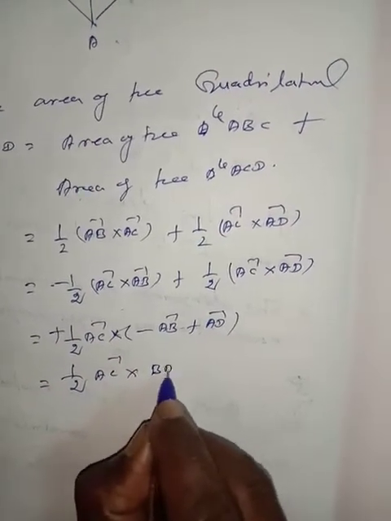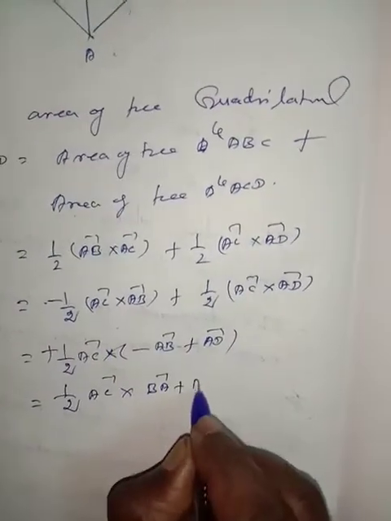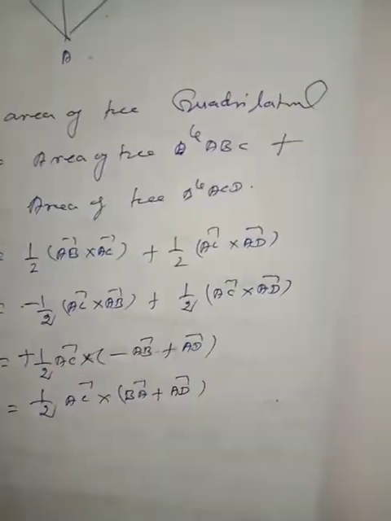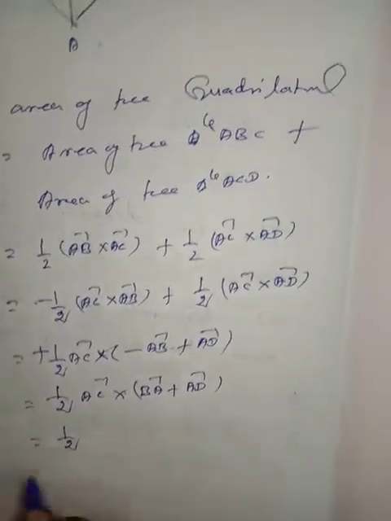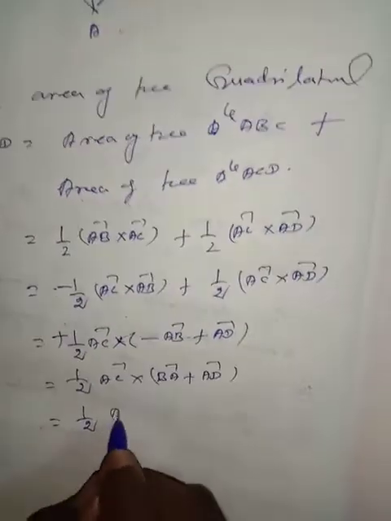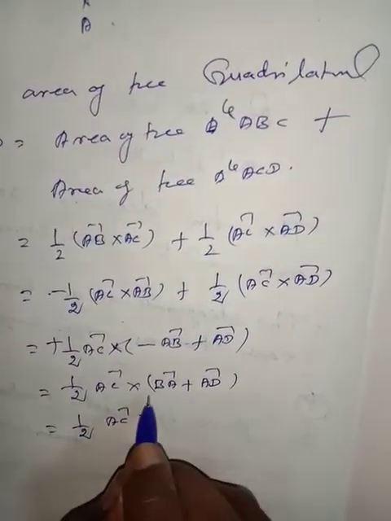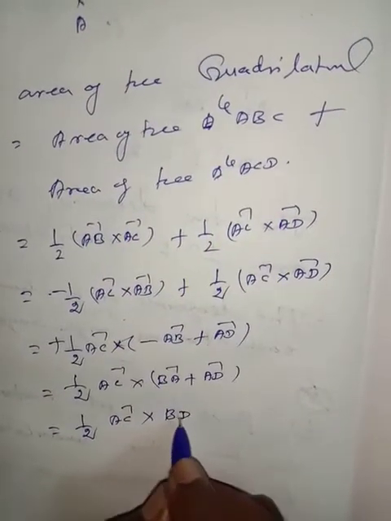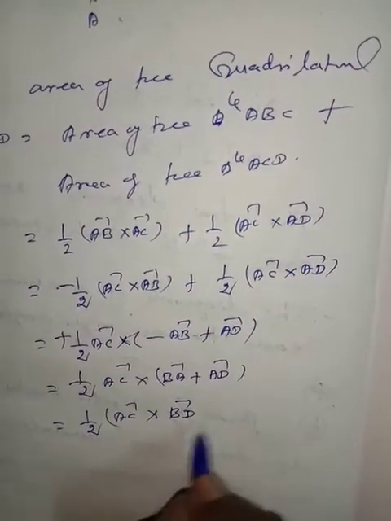Therefore BA vector plus AD vector is equal to half into AC cross BD vector.